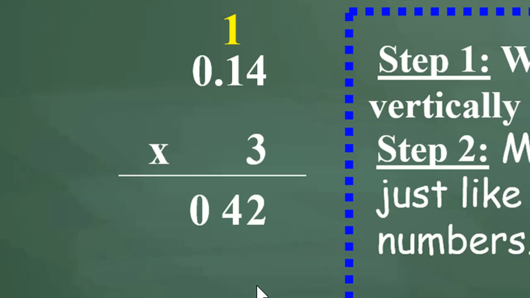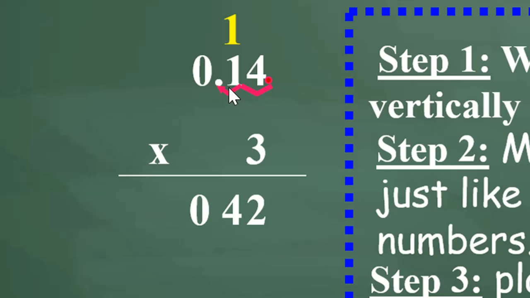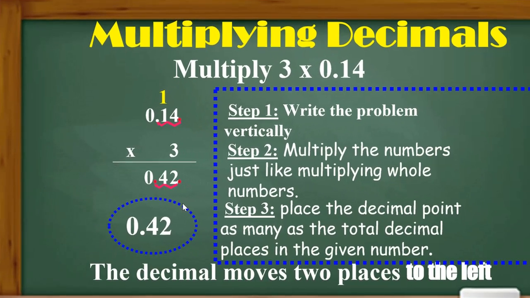And then, place the decimal point as many places as the total decimal places in the given numbers. How many decimal places do we have here? Yes, correct. It is 2 decimal places. So we will move the decimal point to the left 2 places. 1, 2. So our answer will be 42 hundredths.